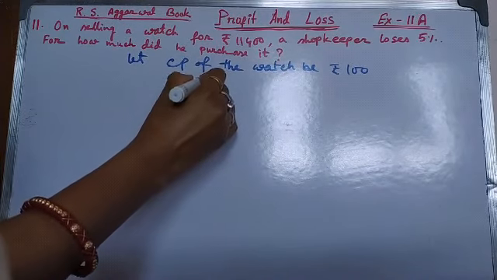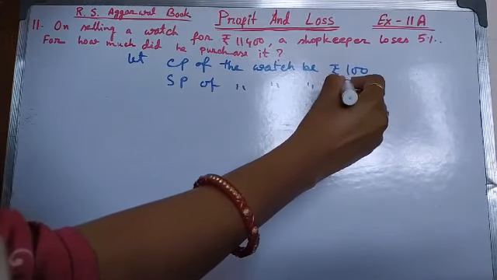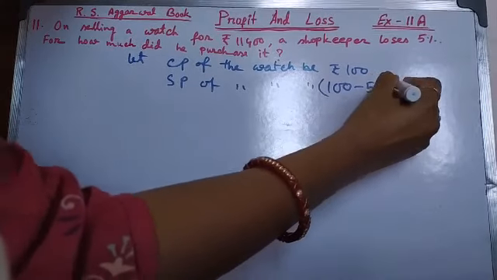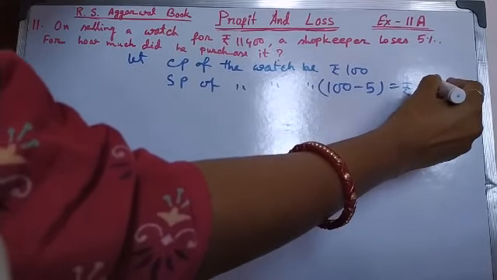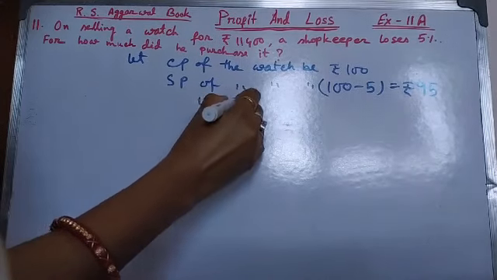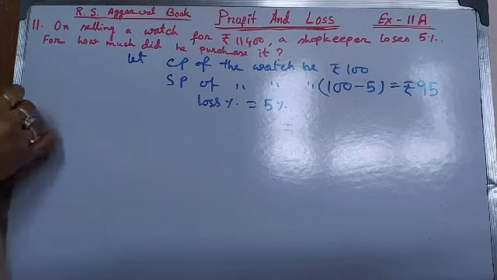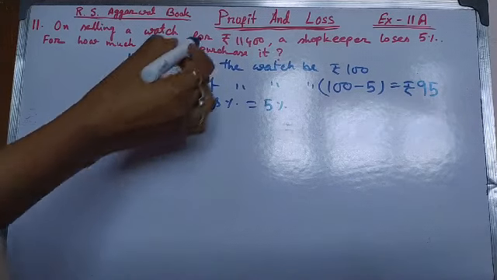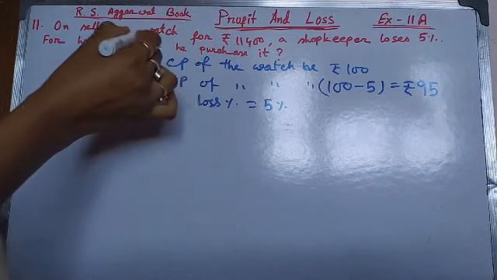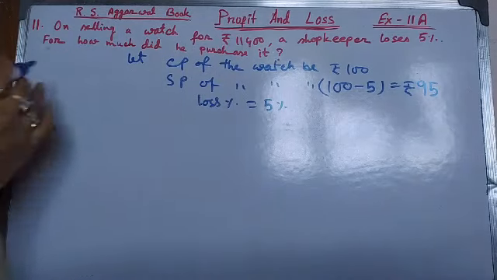Then SP of the watch will be 100 minus 5, because 5% is lost. That's why 95. Loss percent is 5%. What we have to find out is the purchase price, that means CP of the watch. That's why CP will be on the right side and SP on the left side.